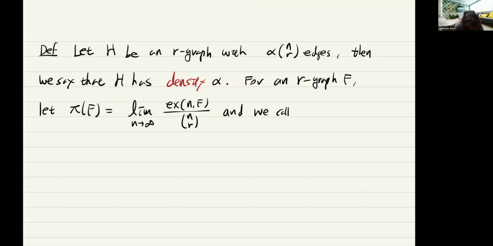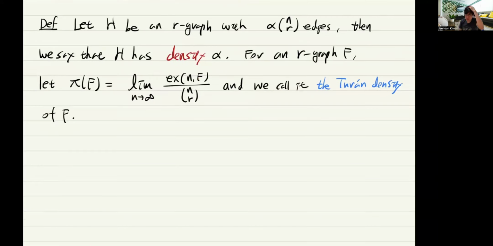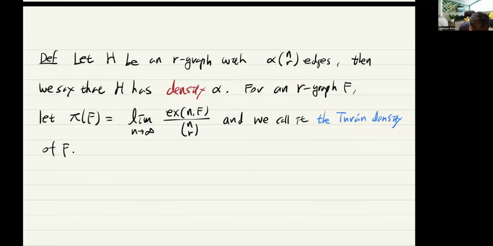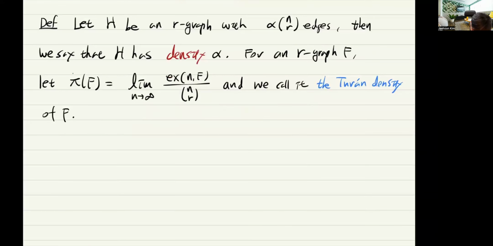And we call it the Turan density. Sometimes it's called Turan density, sometimes extremal density, but we write it using this pi notation. Okay.